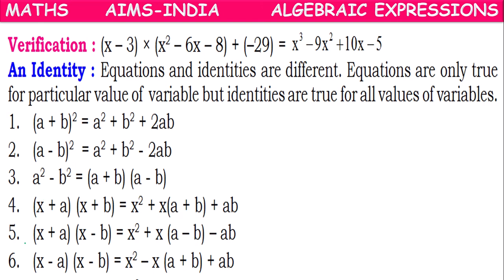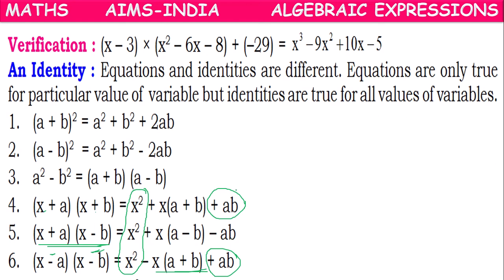Suppose you have plus a and minus b, then the middle term will become (a minus b). Or if you have both minus, then minus x into (a plus b) will come. You can observe here, children, the x square term is the same and ab is the same.